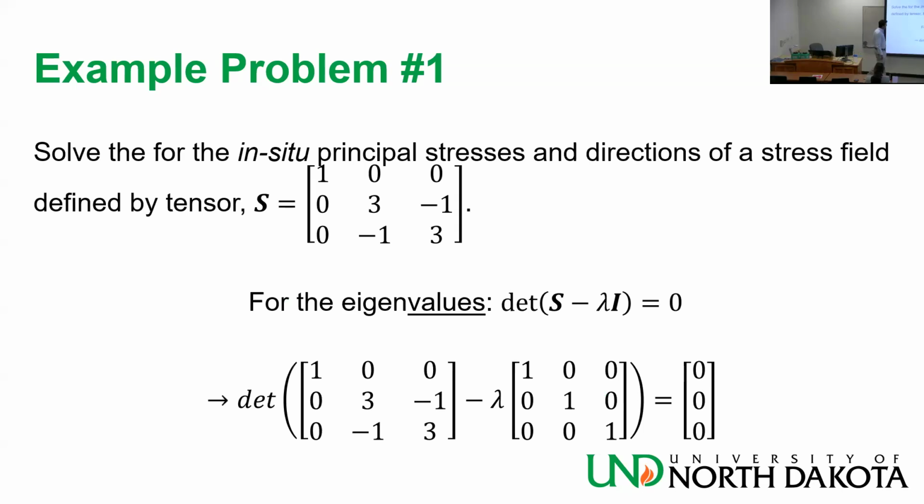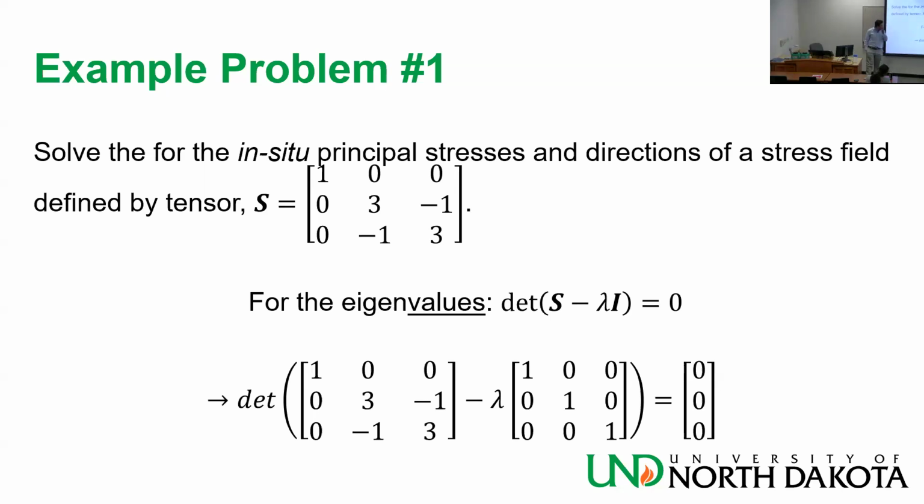This is the matrix, and this is the identity matrix. It has everything 0 except ones on the diagonal. And lambda is basically a constant value that is going to give 3 solutions eventually.